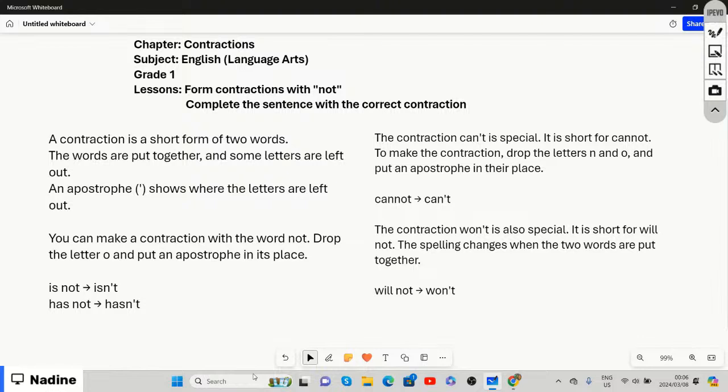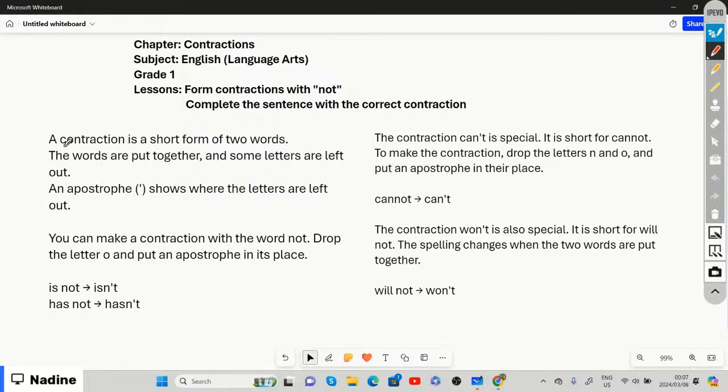All right. So a contraction is a short form of two words. We have two words, and a contraction is like when we put those two words together and create another word.